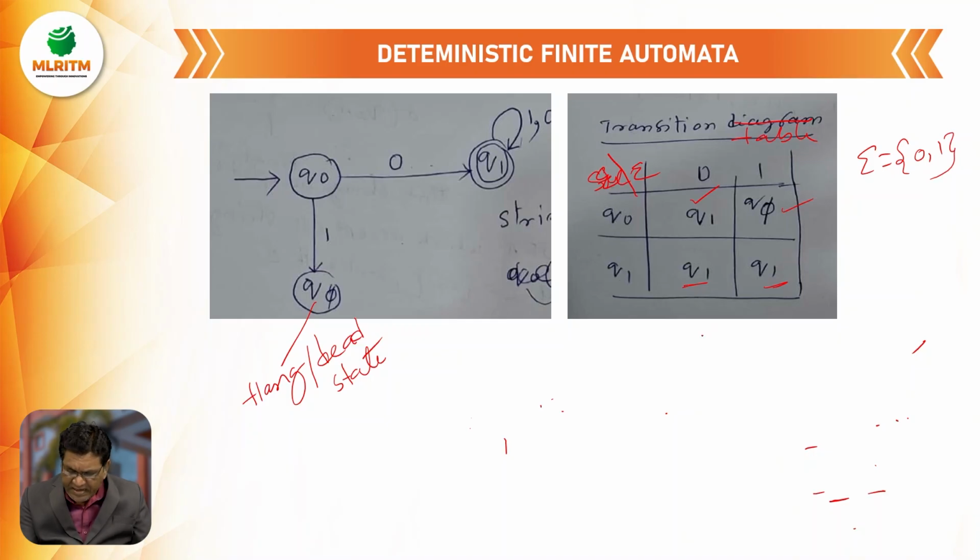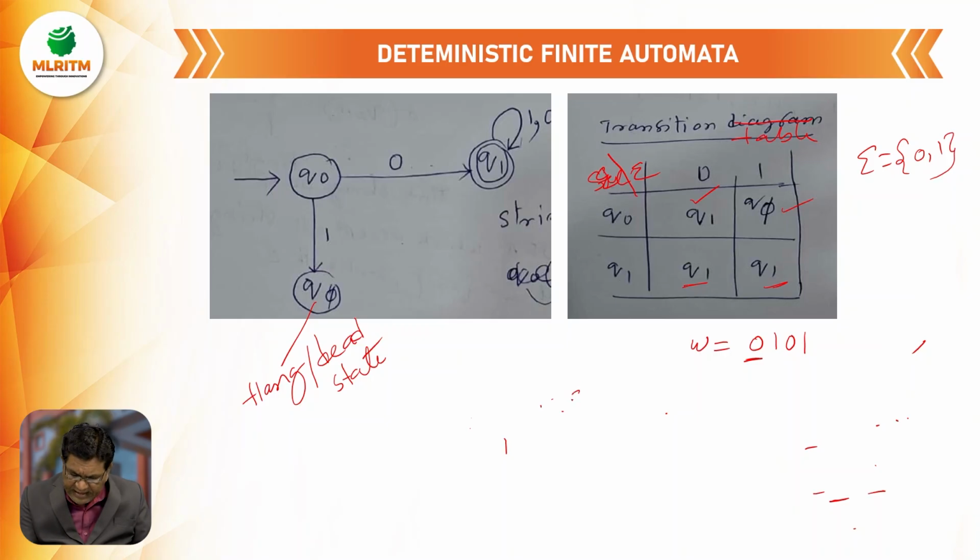I want to take any one string, denoted by W, as 0, 1, 0, 1, because it must start with 0. Then later you can write any combination of ones and zeros, depending on you. Sir, whether this string is accepted by this finite automata or not.